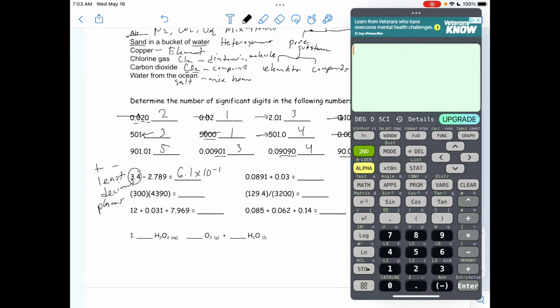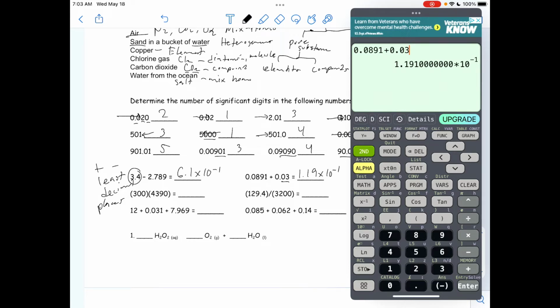Okay, next one, we have 0.0891 added to 0.03. Again, we get more decimal places than we need. Our answer should only have 2 decimal places. So I'm going to do 1.19 times 10 to the negative 1.